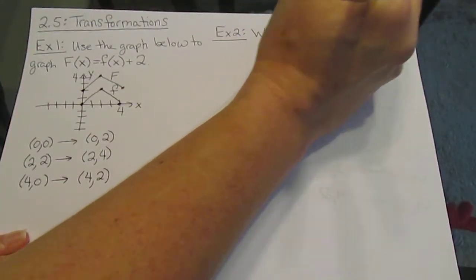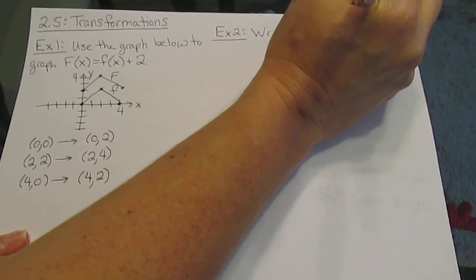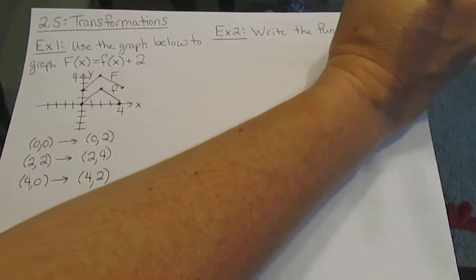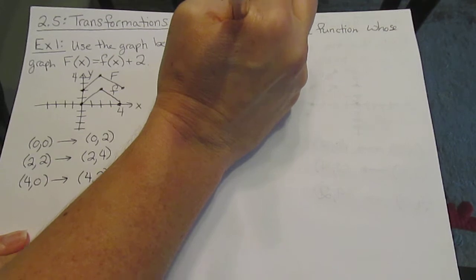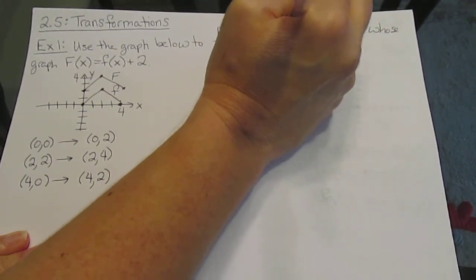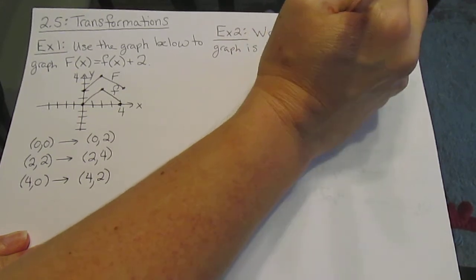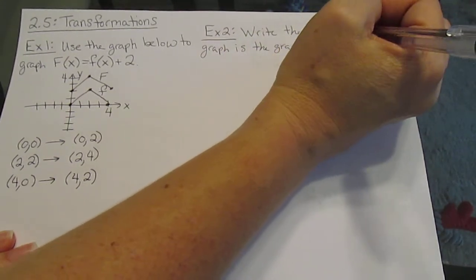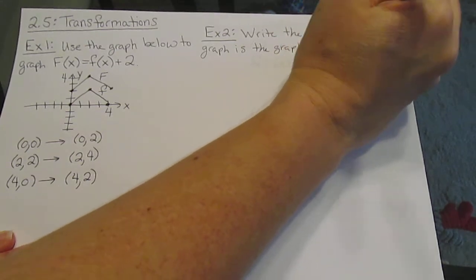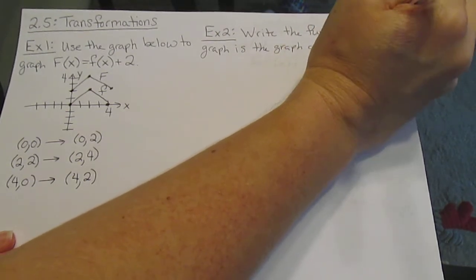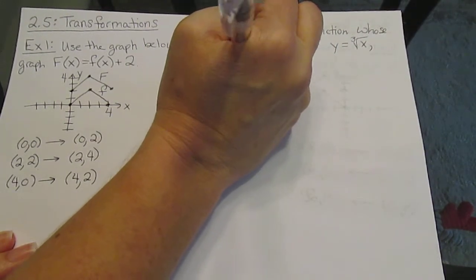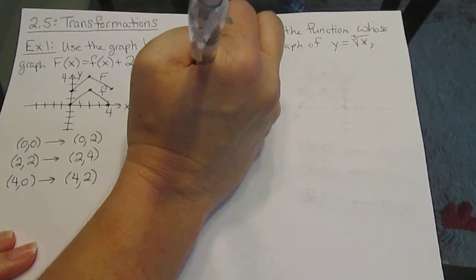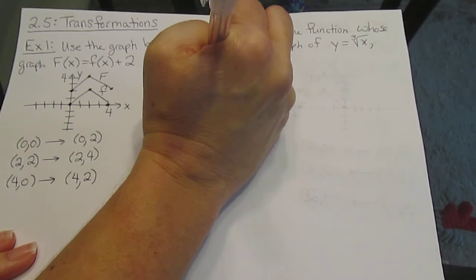Write the function whose graph is the graph of y equals the cube root of x but is part A shifted to the right 2 units.